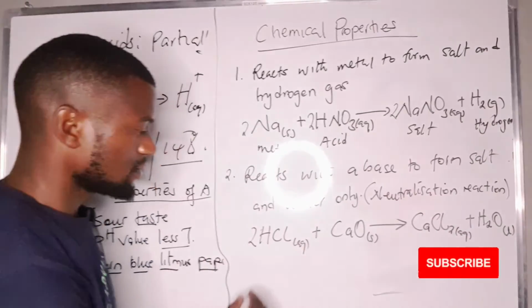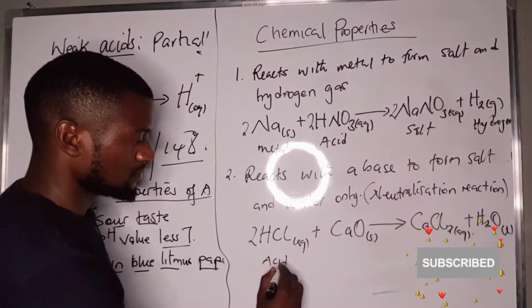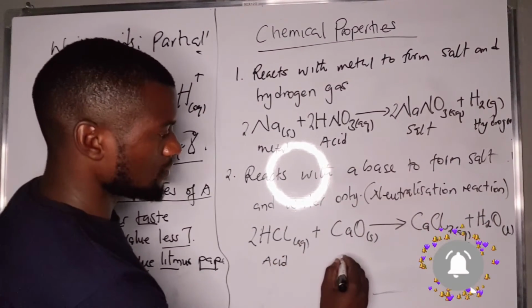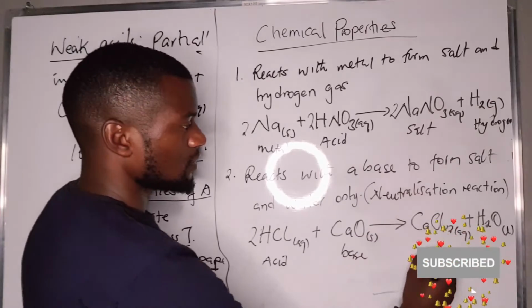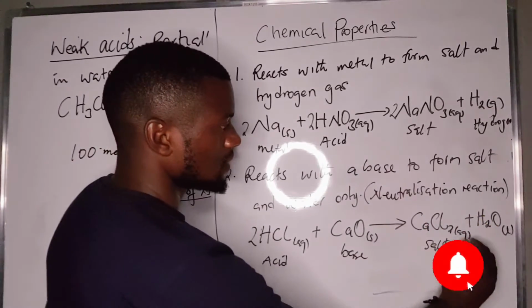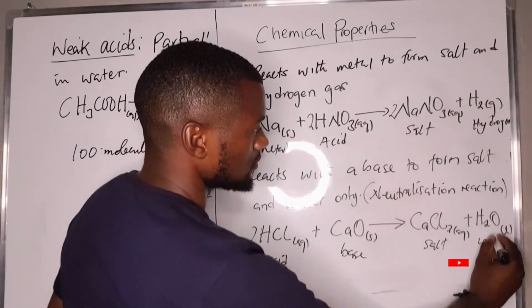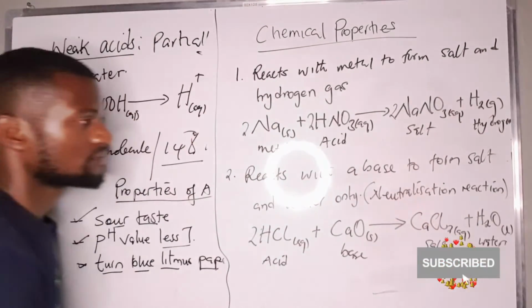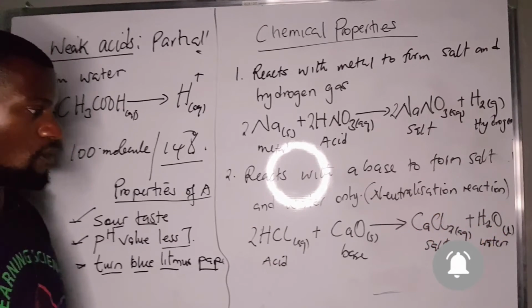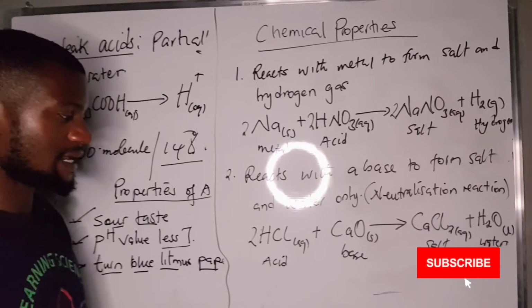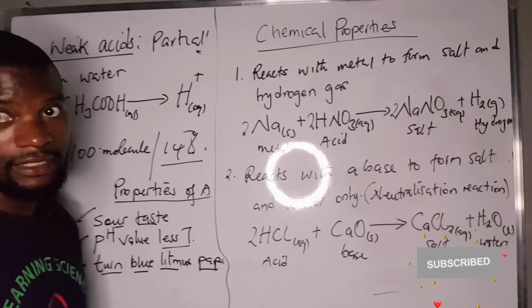So HCl is an acid, calcium oxide is a base, calcium chloride is a salt, and we have water there. So this is a neutralization reaction where a base reacts with an acid to form salt and water.